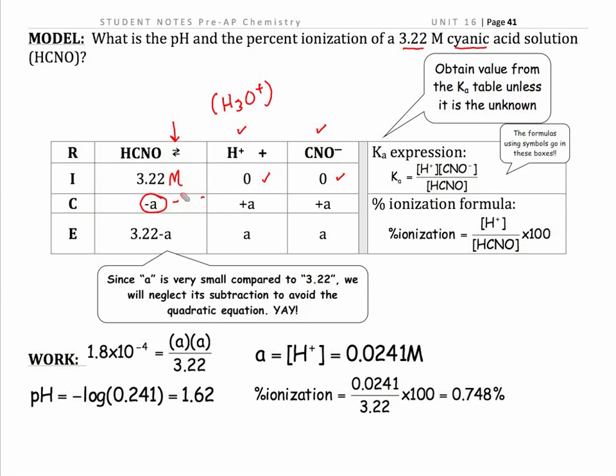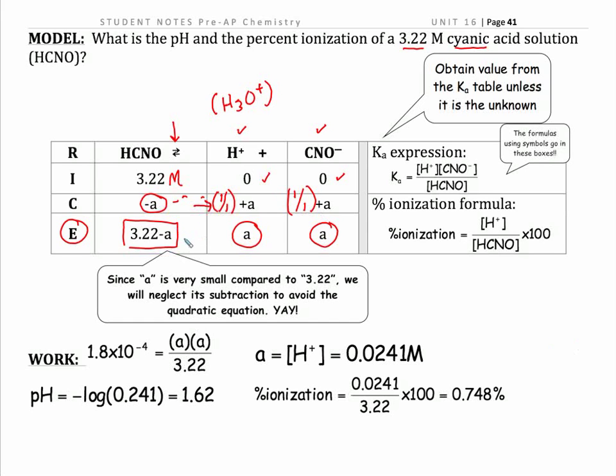Now, you could put an X here, but there's a reason I put an A, and I think that will become clear as we proceed with our example. Now, since this is a 1-to-1 mole ratio, I will gain A for each of these. Okay? So at the equilibrium, I have 3.22 minus A, I have A, and I have A.